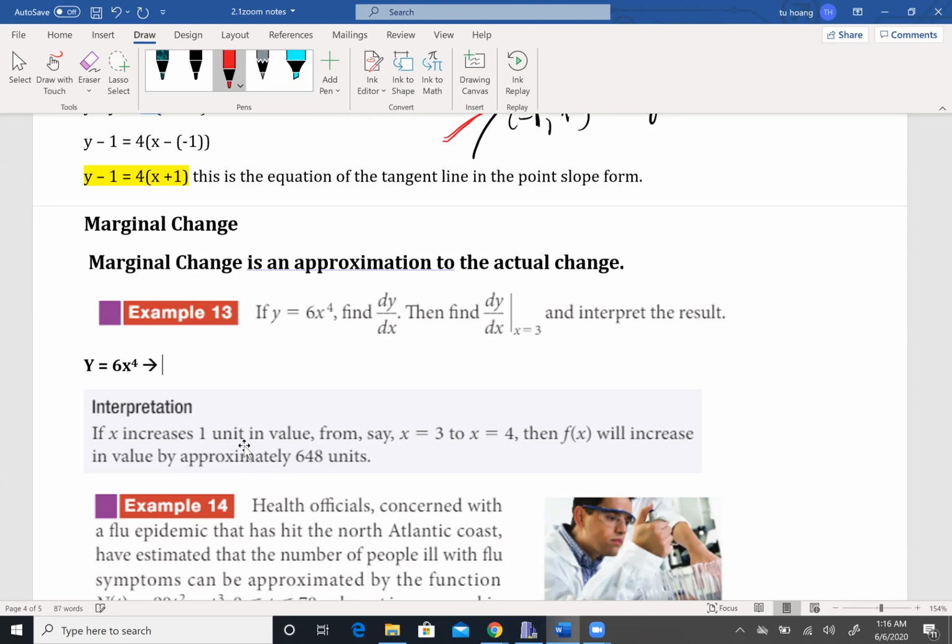Then you can right away say y prime will be 6 times 4x to the power 4 minus 1. Then simplify everything: 6 times 4 is 24 times x^3. So this is y prime.